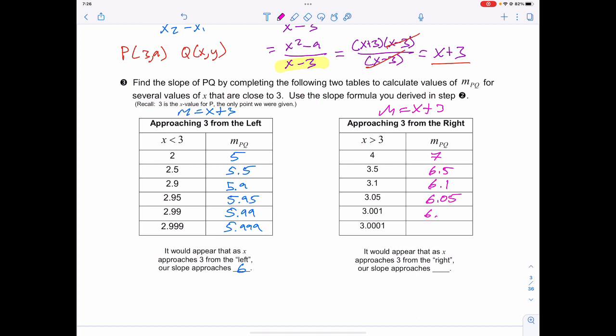And then 6.001 and 6.0001. And just like when we approach from the left, as we approach from the right, it's going to get closer and closer to a slope of 6.